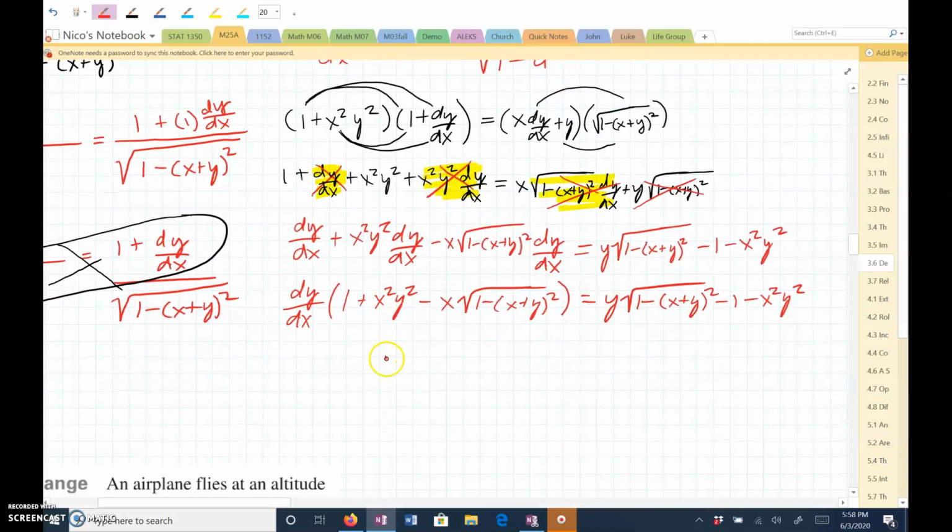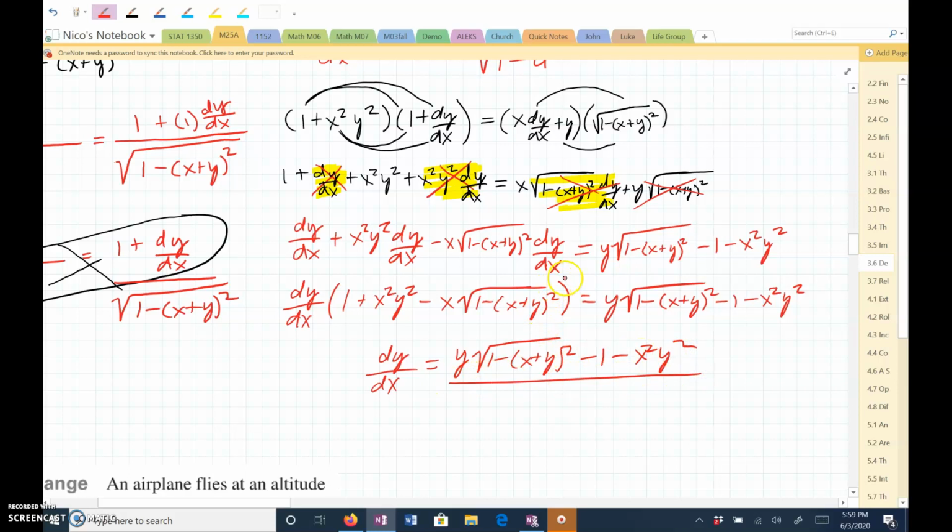And then finally, I'm going to get dy/dx equals y times the square root of 1 minus x plus y squared minus 1 minus x squared y squared divided by 1 plus x squared y squared minus x times the square root of 1 minus x plus y squared. Okay, so now I have dy/dx, it's solved.